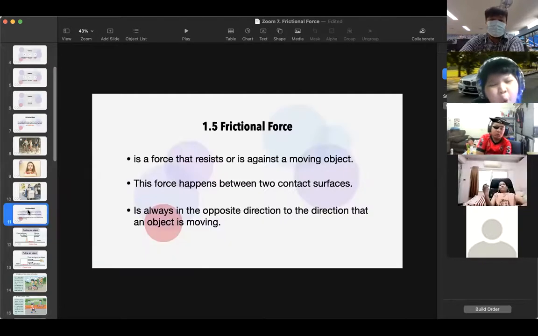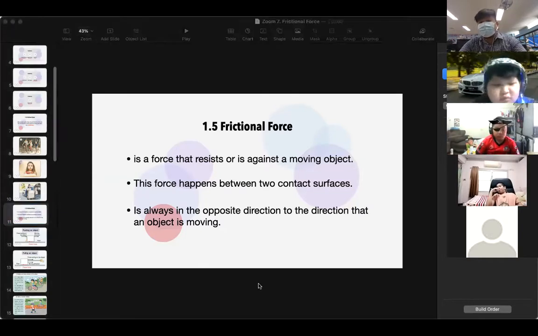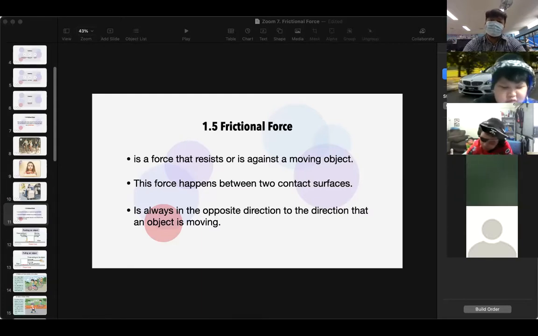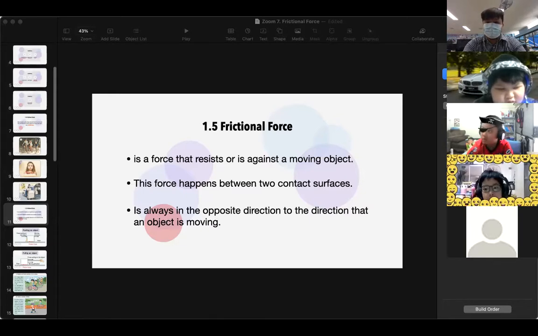Question. What makes an object move faster? Anyone, please? I will give plus points now.